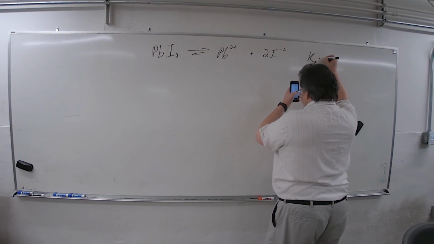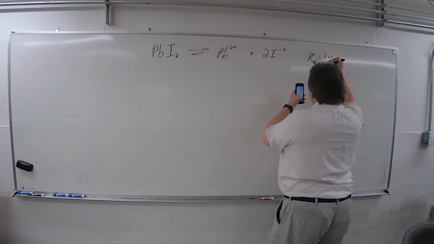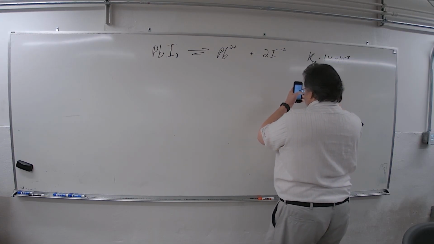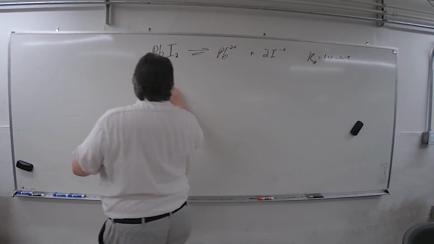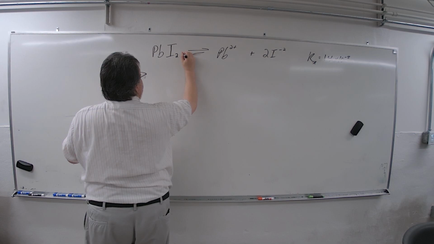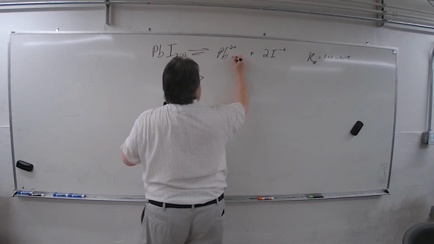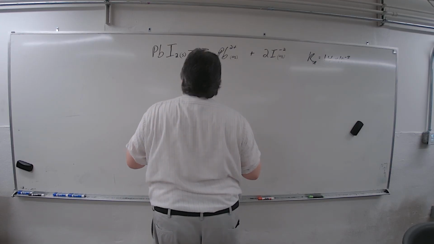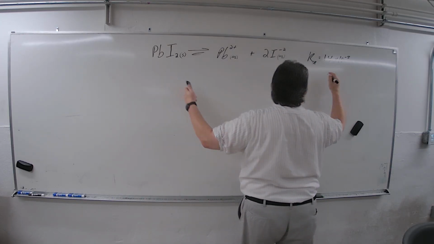KSP equals. The K here says this is solid, and these are aqueous. So that won't show up over here.